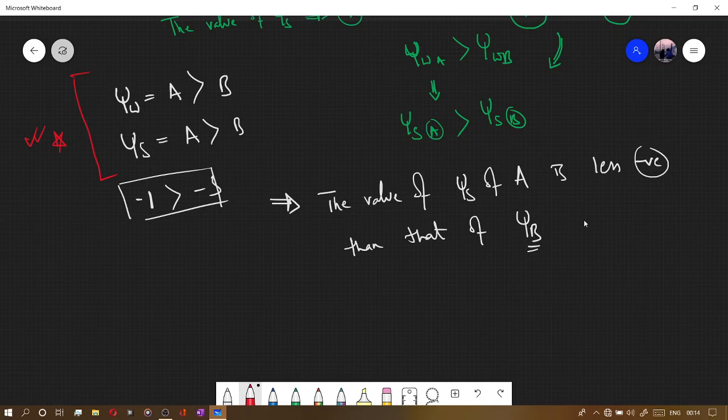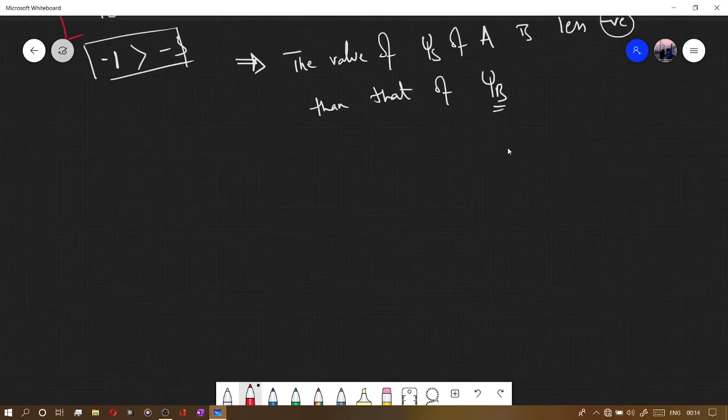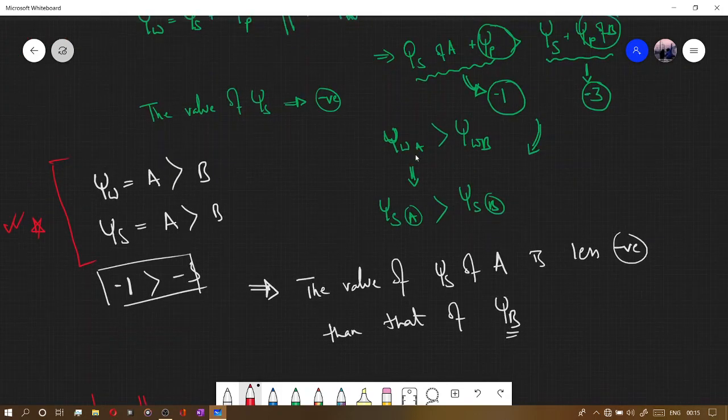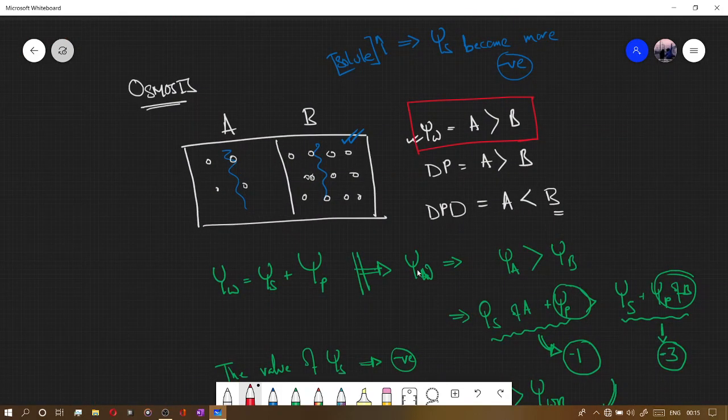All right, so now let's again take a diagram. Do you know what is the end result of osmosis? What is the end result? Let's say solvent goes from here to here, then what happens in the end?